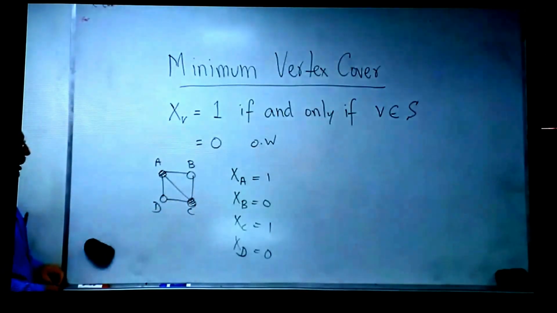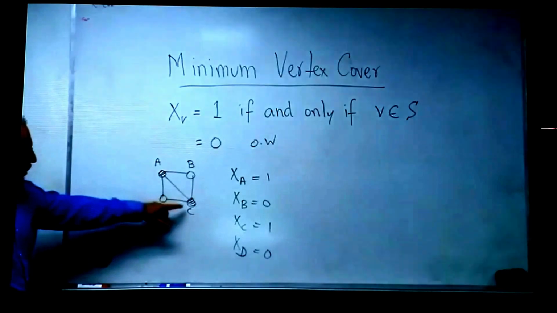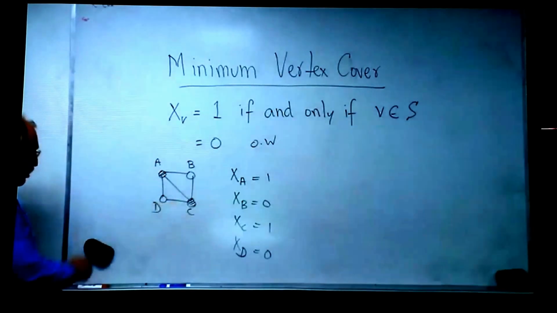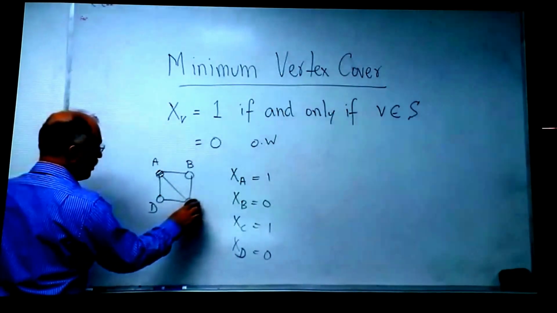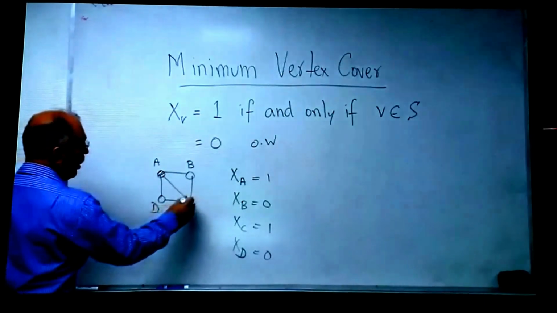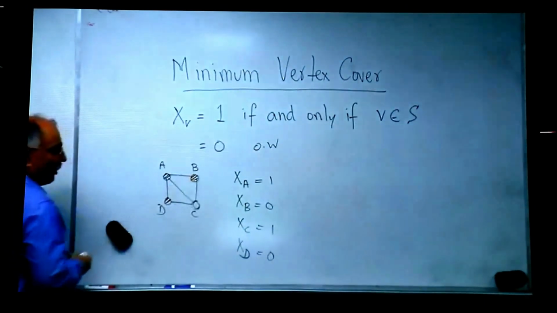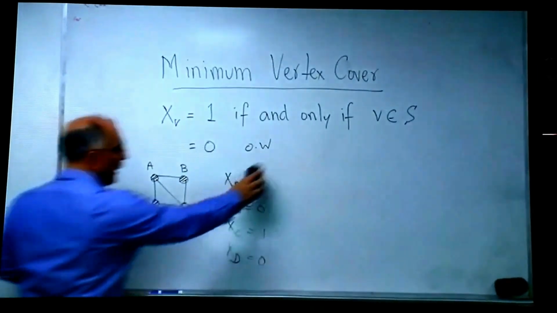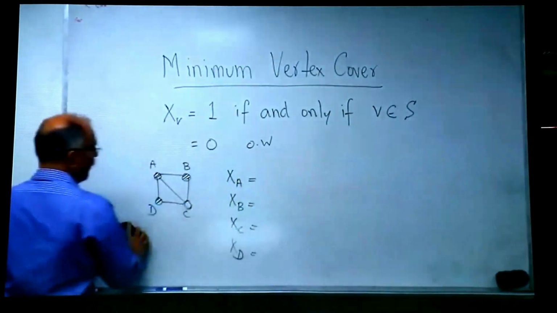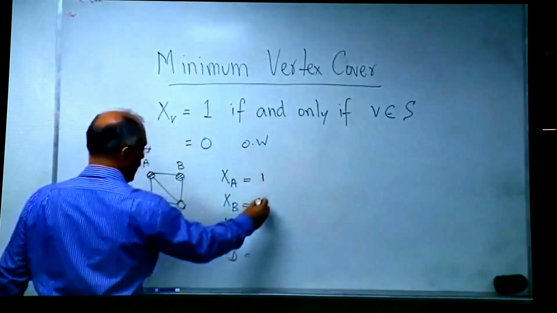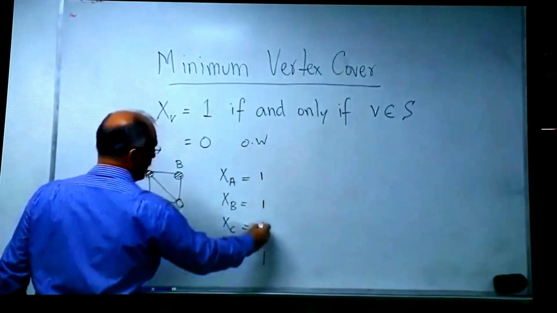It tells us which vertices belong to the subset and which vertices don't. In our previous example, I had given one of the nodes very high weight, and suppose we were trying to capture a different solution which did not include vertex C but included B and D, and maybe that was an optimum solution. Then that would correspond to the vector where xA was 1, xB was 1, and xD was 1, but xC was 0.